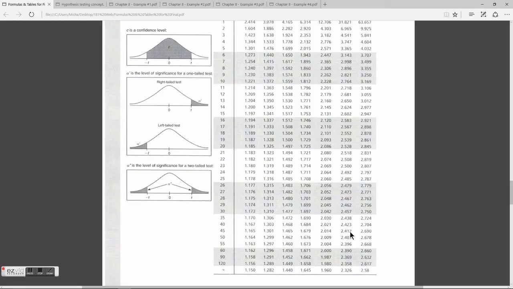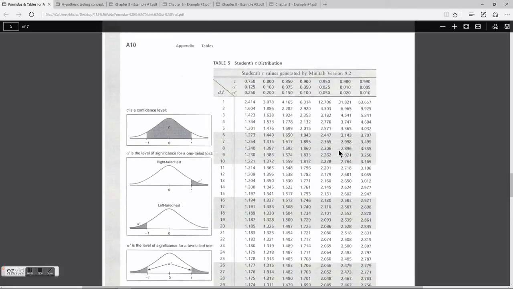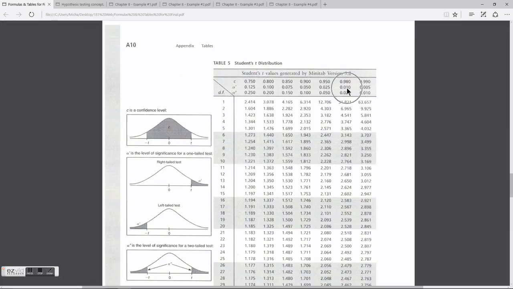So what I'm going to do is go back up to the top of the table and look up the right tail area for each of these t-values right here. For instance, if I had a t-value of 2.412, going back up to the top of the table, I see that I have a one tail area of 0.01.